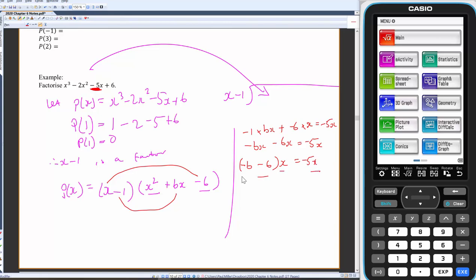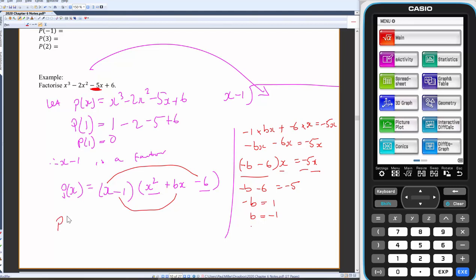So those are equal to each other, so that means that these are equal to each other, which is basically why it's called equating coefficients, because we're letting the coefficients equal each other. That's -b take 6 equals -5. -b equals 1, b equals -1.